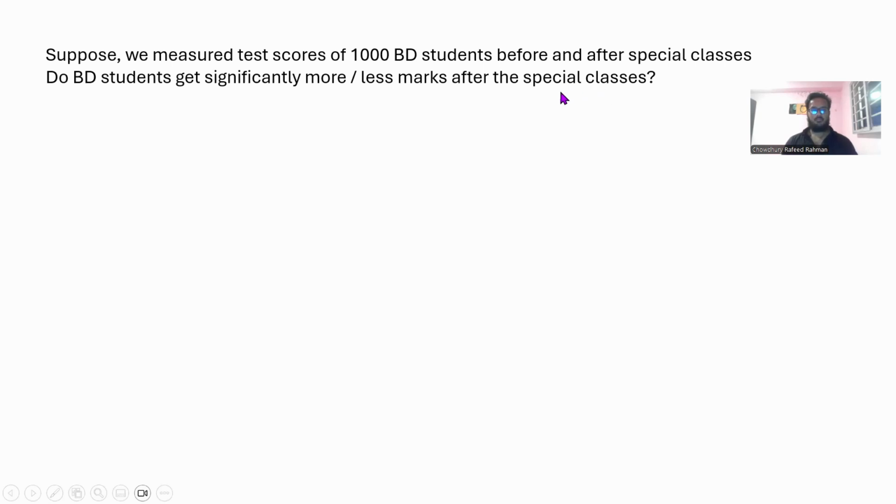It's a paired version of testing because we are looking at each student separately, whether they are getting more marks or less marks after these special classes. So it's a paired test.